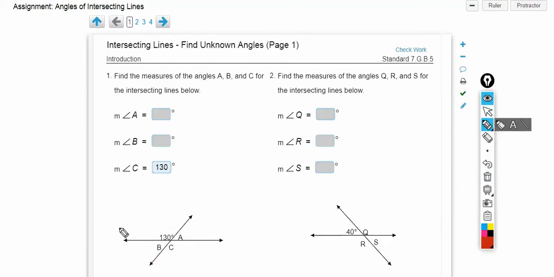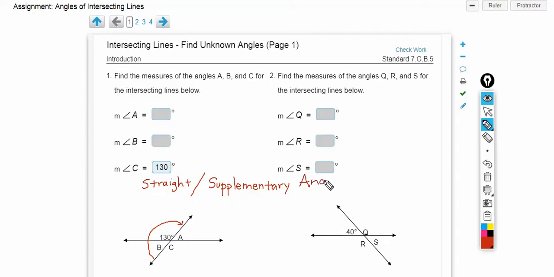The next thing that I'm going to look at is from here to here. This is a straight, or supplementary, angle. And we know that the supplementary angle is equal to 180 degrees.